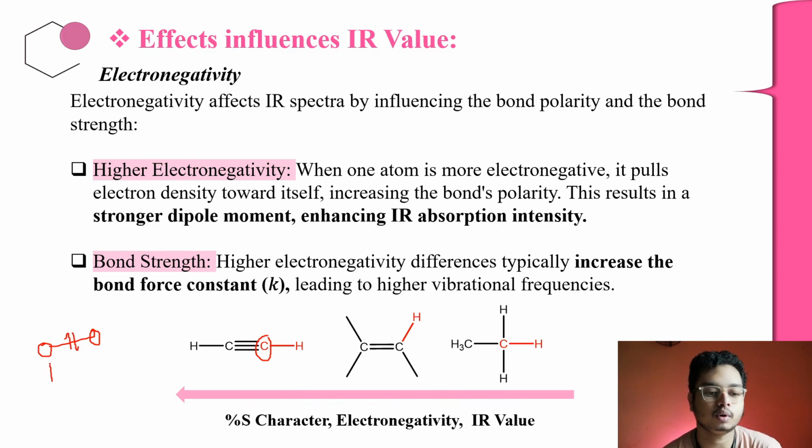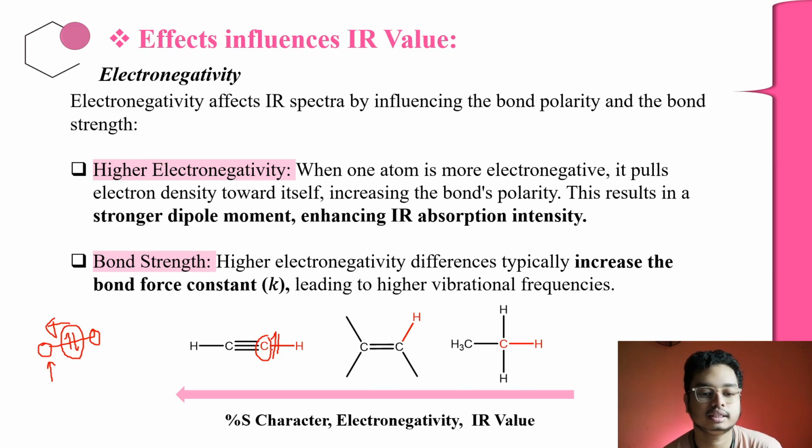But if one of the groups is very electronegative, it drags the electron density towards its side. So for this example, we can understand that the electron density is nearly on the carbon side, because this carbon is electronegative.